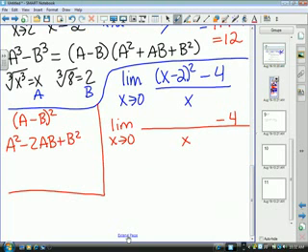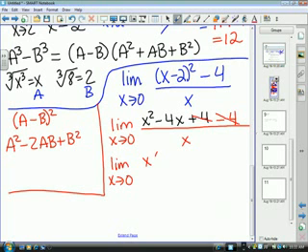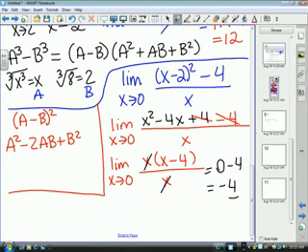So I'm hearing x squared minus 4x plus 4, and look what happens. 4's cancel, and then I can factor out an x. What's left in the parentheses? X minus 4. Now what? X's cancel. Can I substitute? Yes, I can. And I get negative 4.